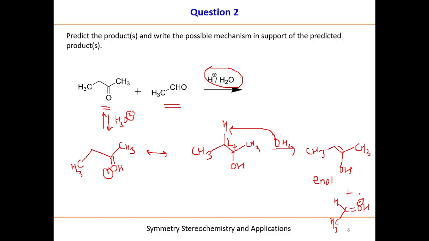Now this enol will attack on this one. This enol will attack on protonated aldehyde carbonyl carbon, and this will go like this. And the arrow pushing will go this way to give a corresponding product.